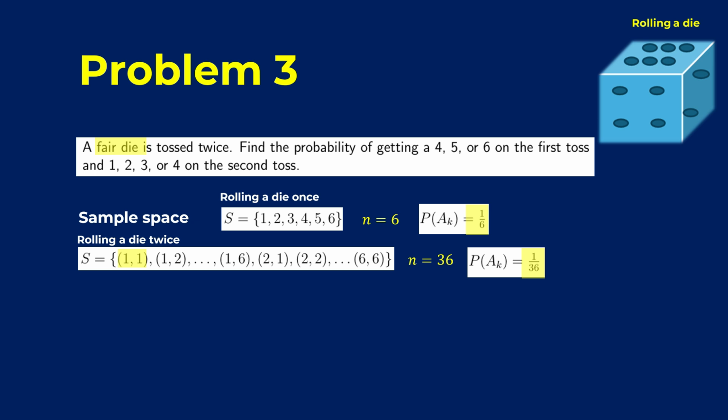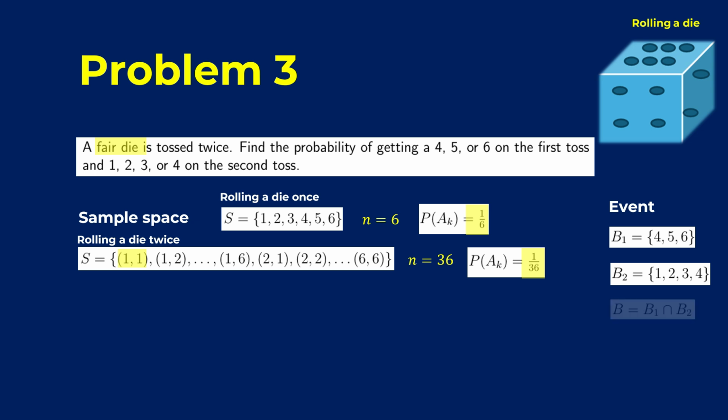We are interested in the event that in the first toss we get 4, 5 or 6 and in the second toss we get 1, 2, 3 or 4. We denote this event as B. Now, using the fundamental principle of counting, we can determine the number of ways this event can occur.